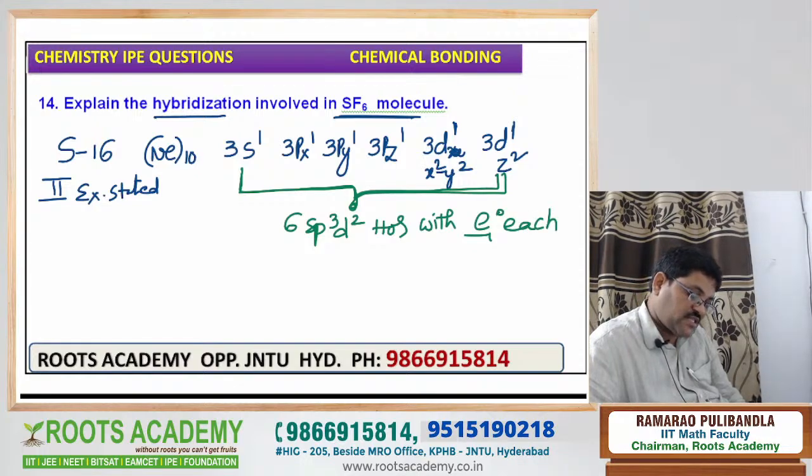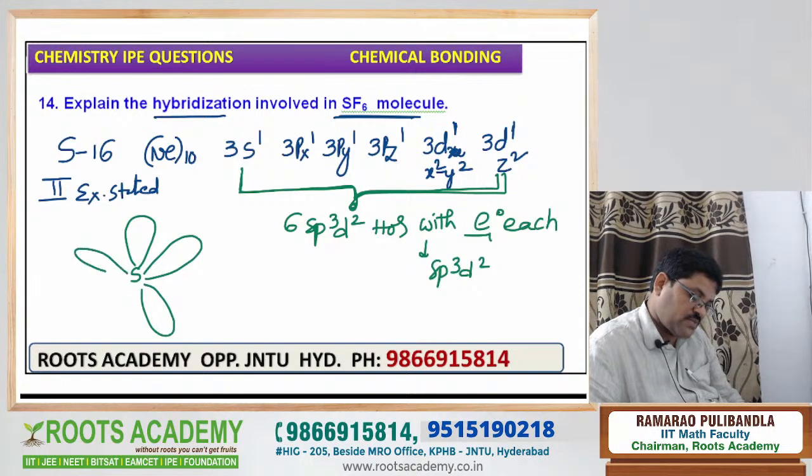Now you get sp3d2 hybridization. Now what is the hybridization you got, students? You got sp3d2 hybridization. Sulfur has six sp3d2 hybrid orbitals with single electron each.